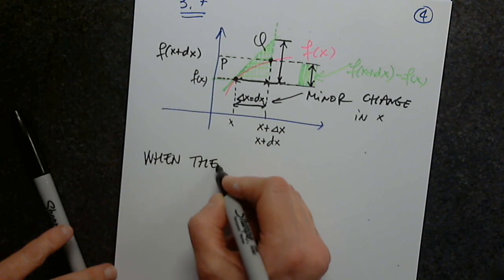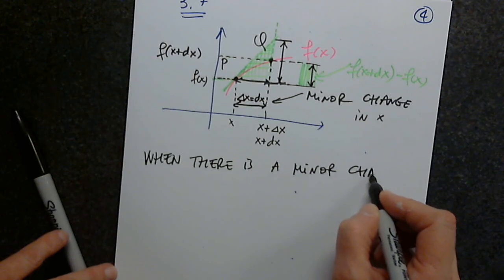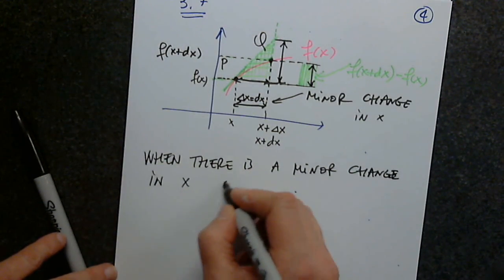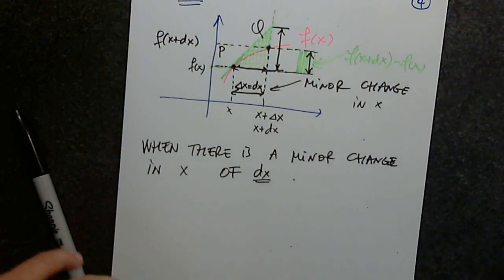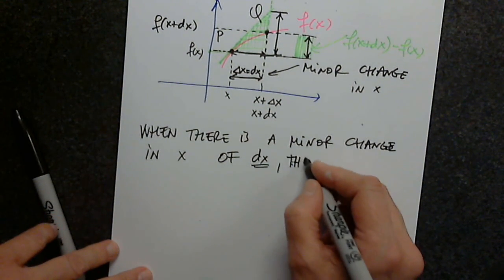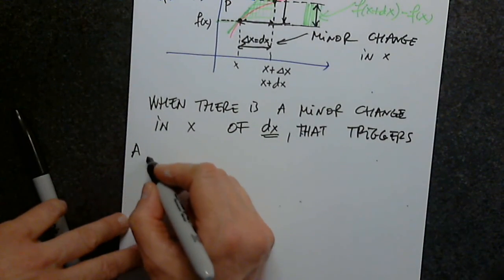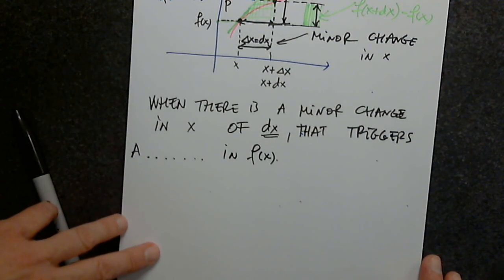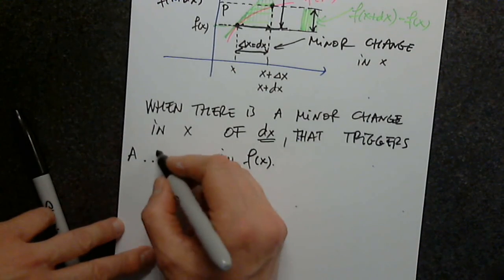When there is a minor change, like an error if you want, in x of dx, that's the minor change, or the error, call it the way you like, that triggers a change in f of x. Maybe minor or not, but definitely a change, right?